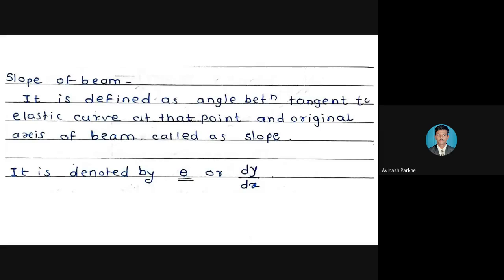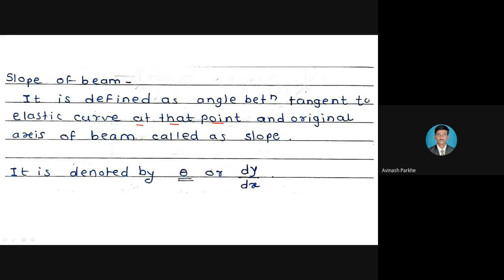Then slope of the beam. Again, the definition also I have explained. What is the definition? It is defined as the angle between tangent to the elastic curve at that point. So due to that particular tangent line I have drawn to that particular elastic curve, at that we will get one point.